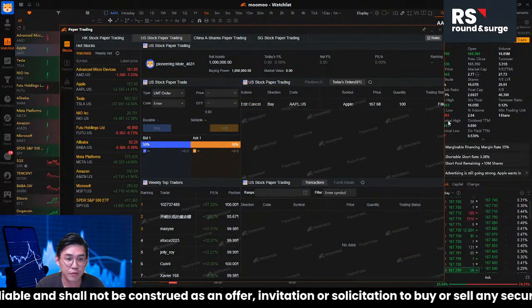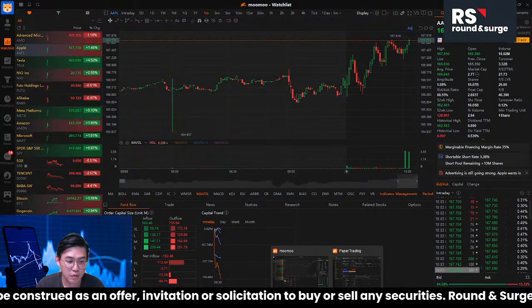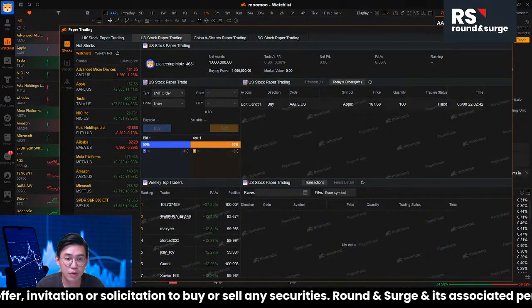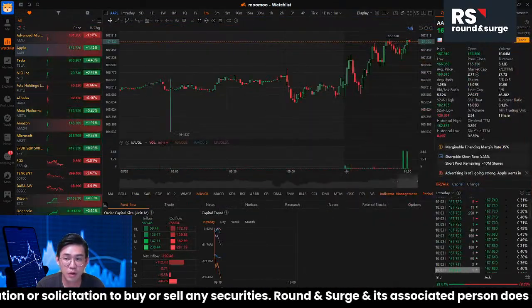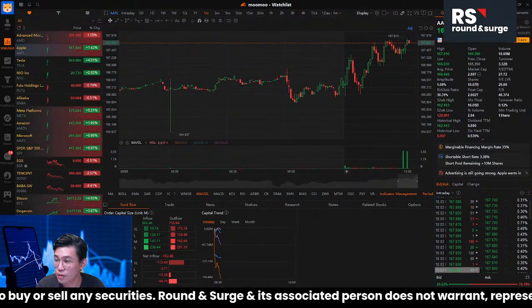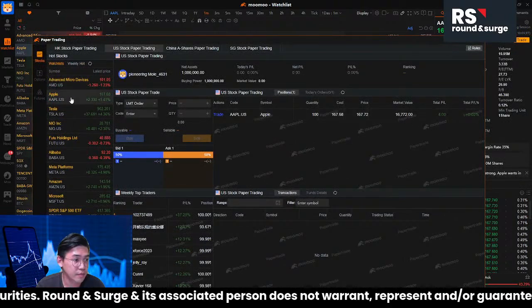Okay, it is filled. So you can see from here it is filled, and the position here shows us the profit and loss.